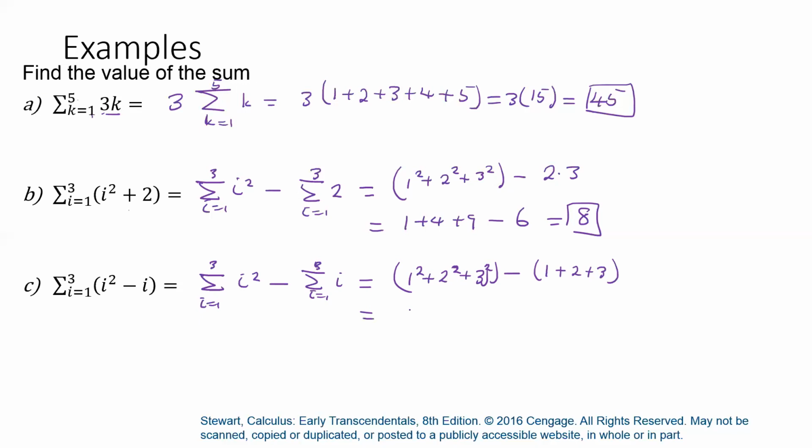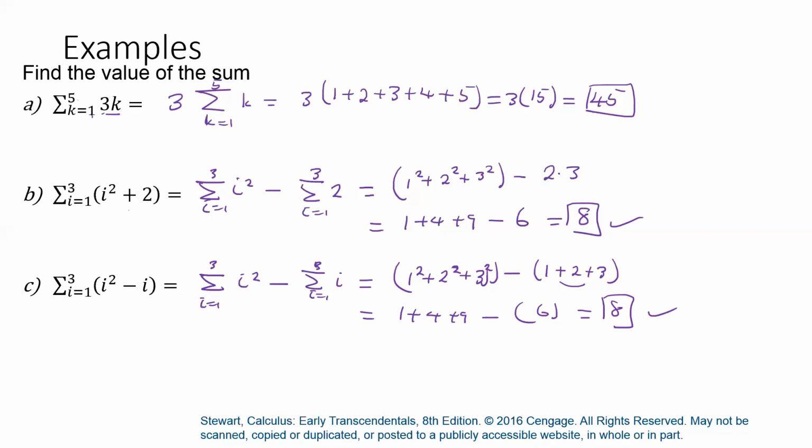All right, so you have just like 1 plus 4 plus 9 minus 6. And that also gives me 8. Okay. So it's by coincidence they are both 8, because this is 14 minus that will be 8.